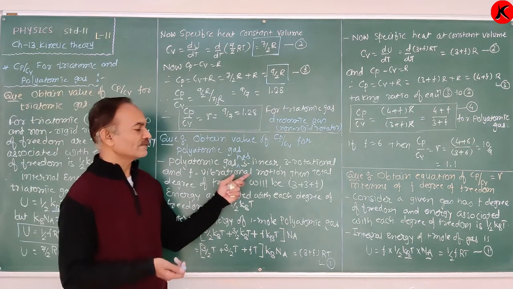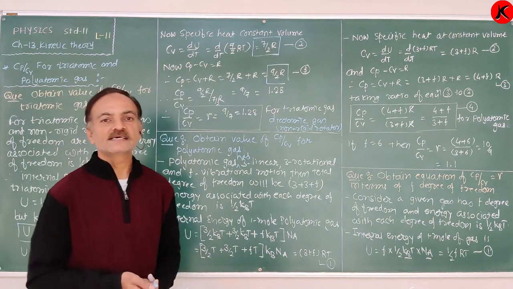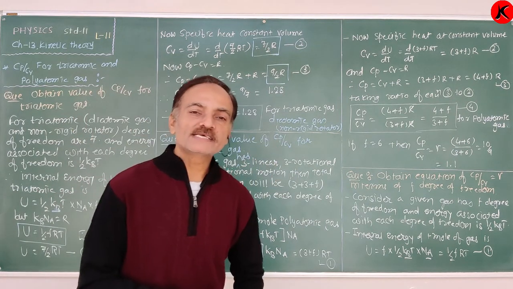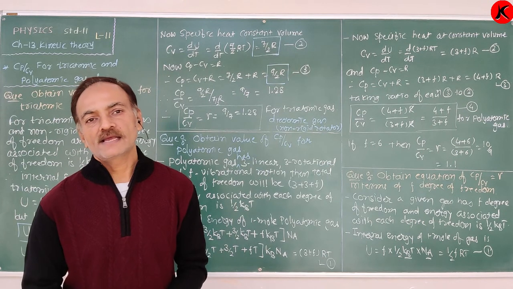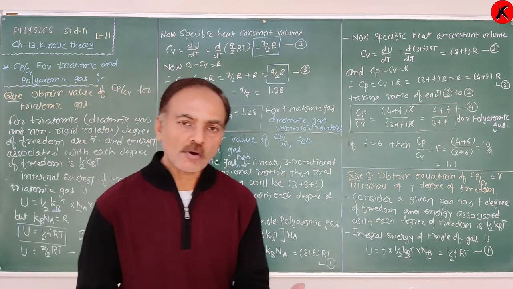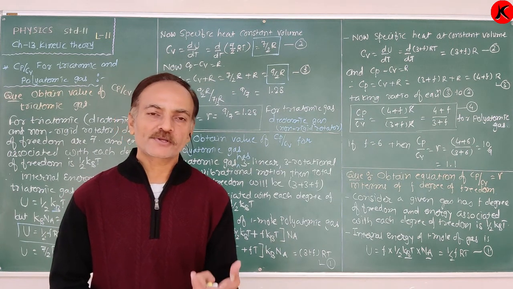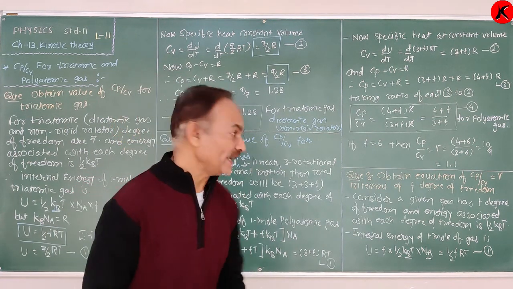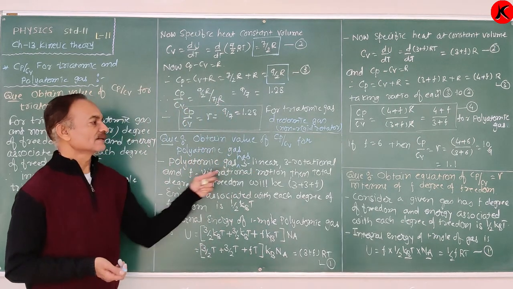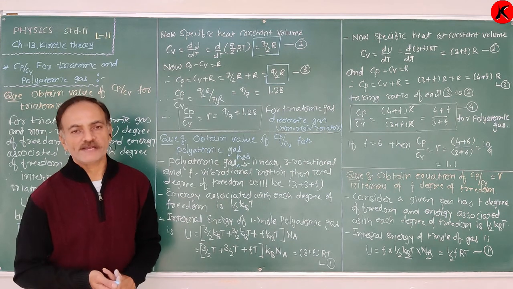Already in diatomic gas with non-rigid rotator, the 2 atoms form the molecule. At that time, the molecule performs 2 different types of vibrational motion. For polyatomic gas, the molecule is formed by f number of atoms.